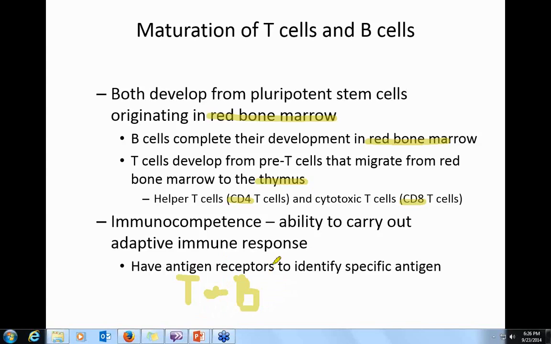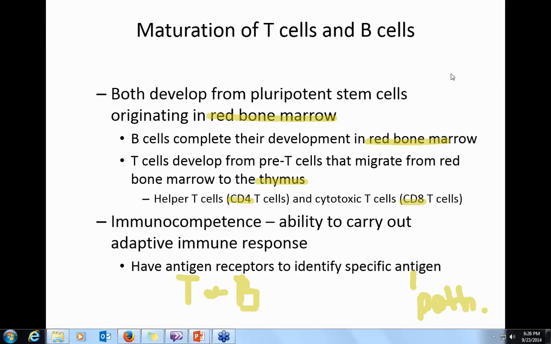Yes, I know that's kind of blocky, but the pen doesn't work real well either. And again, these receptors are needed to identify the antigen. And if you remember, the antigen is on the pathogen. Oh yes, this is not going to work either. All right, I'll just abbreviate it, PATH. Okay.